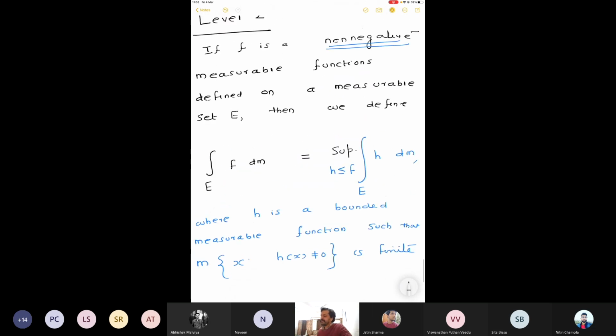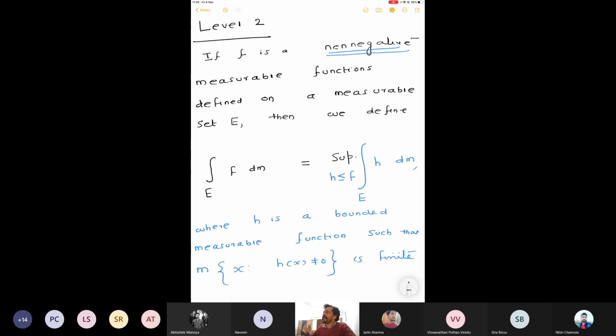So now, knowing how to integrate a bounded measurable function over a set of finite measure, I can integrate a non-negative measurable function. I will leave to you where this non-negativity is used. You may not see it explicitly. You may think, why don't I define this for any function? Why this non-negativity? So please think over. And also, why am I defining it only through the supremum?